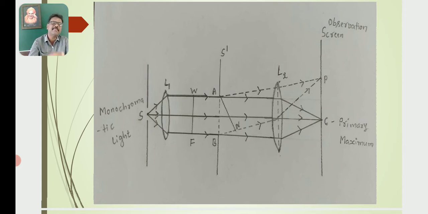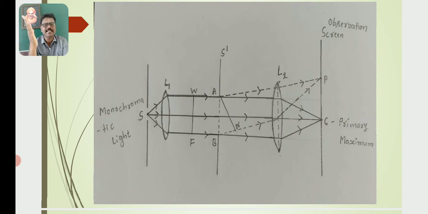Let C be one of the points on the screen where the maximum number of rays meet. This is known as the primary maxima, where intensity is maximum. The primary maxima is surrounded by alternating secondary maxima and secondary minima.